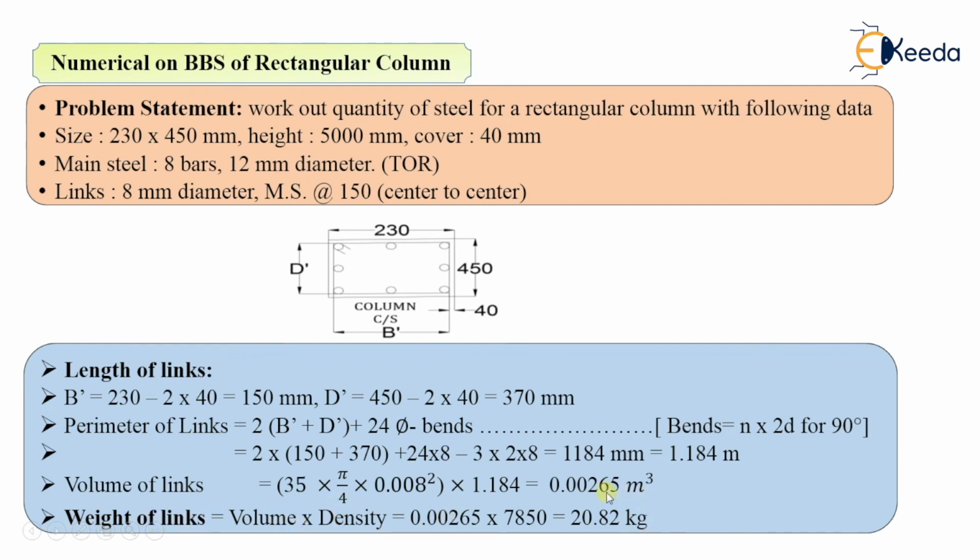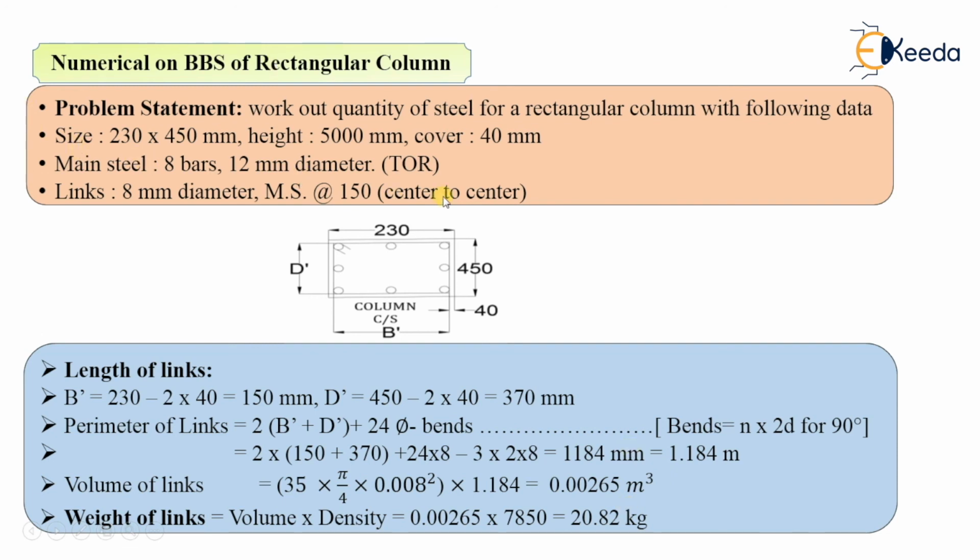Volume we have calculated, it is 0.00265 meter cube, and I have told you in the previous step that density of steel is taken as 7850 kg per meter cube. So 0.00265 into 7850 will give you a value of 20.82 kg. So the total weight of links will be 20.82 kg, and we have also calculated the main steel in the previous step.